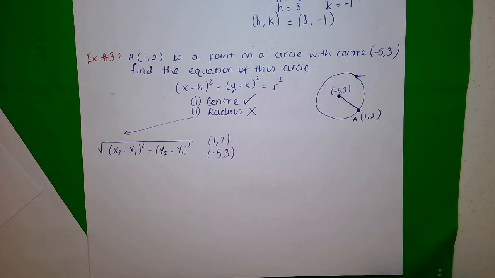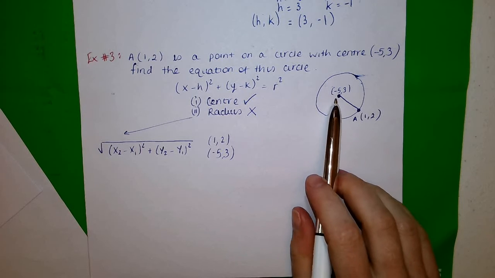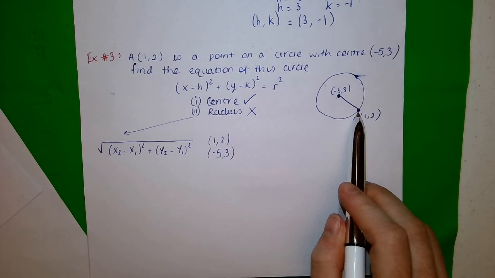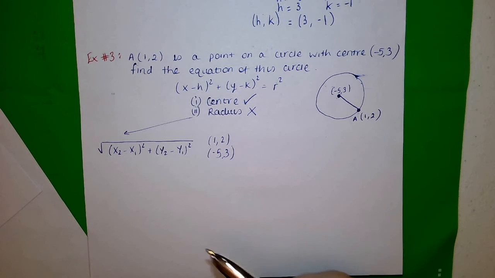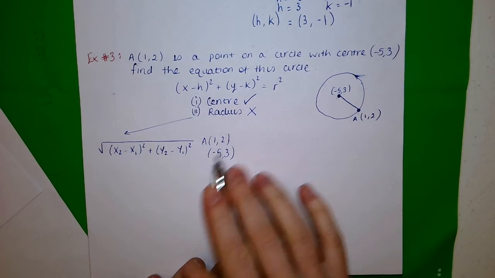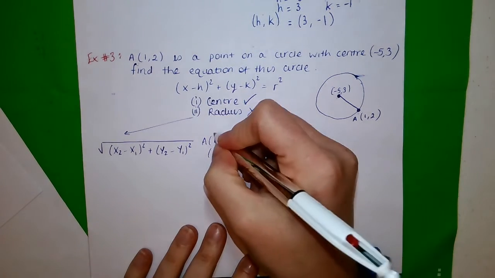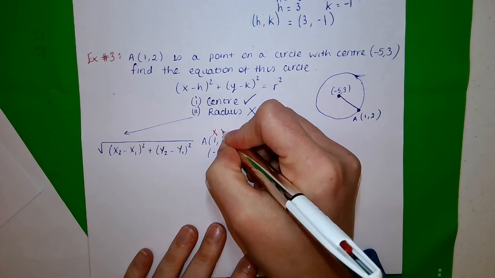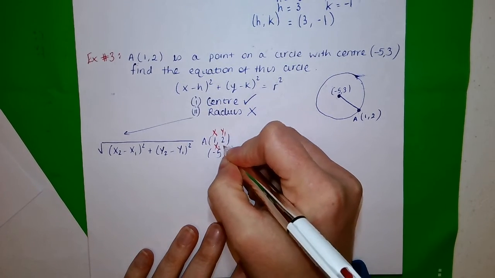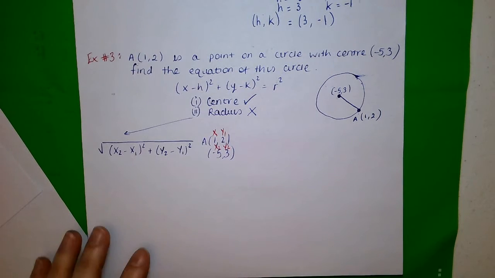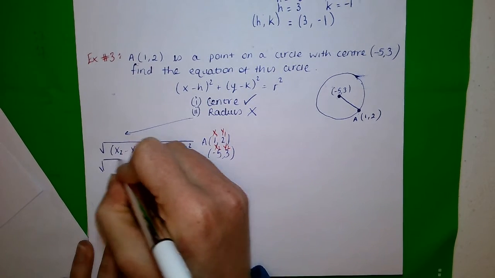We go back to coordinate geometry of the line, and we use the distance formula to find the distance between the centre and the point on the circle, and that will give us our radius. The point A is (1, 2), and the centre is (−5, 3). We label our points (x₁, y₁) and (x₂, y₂), and sub them straight into our distance formula.